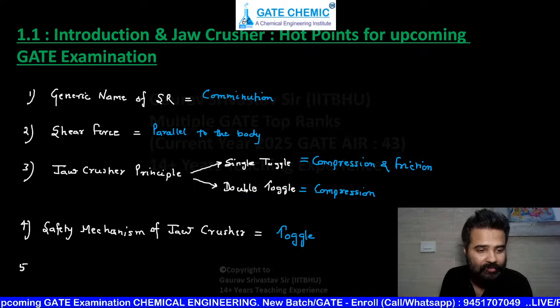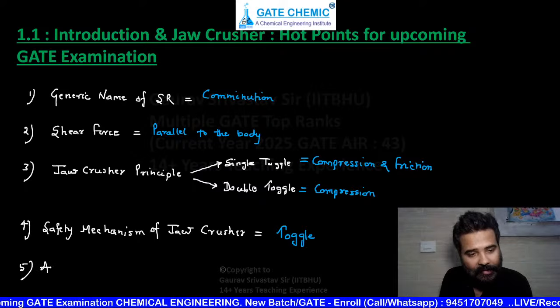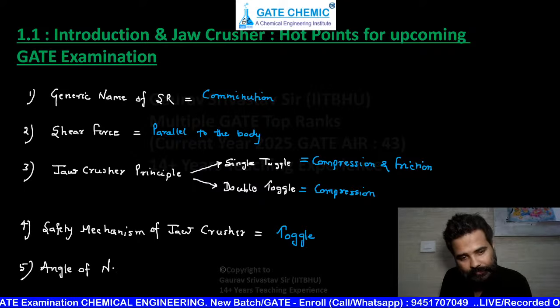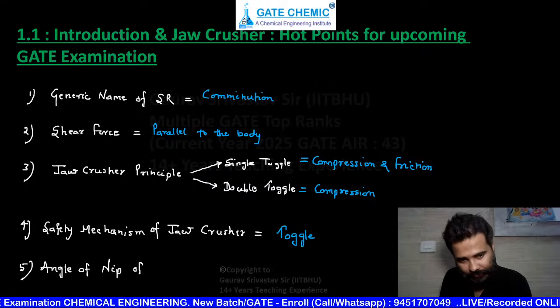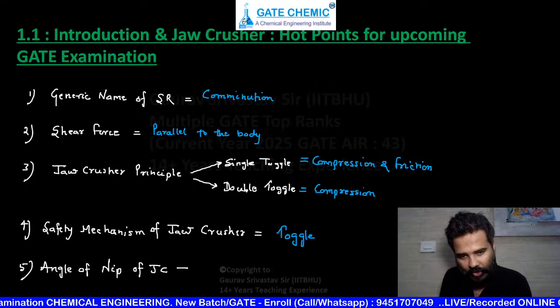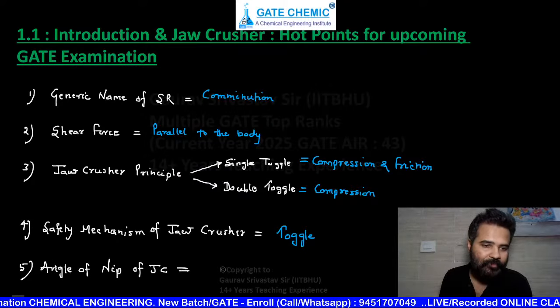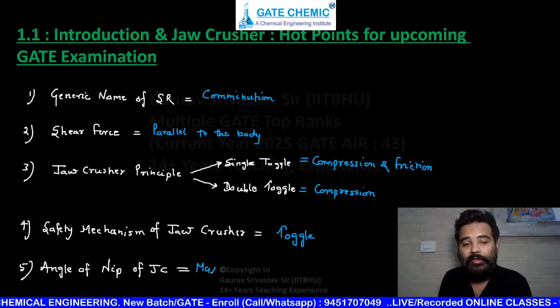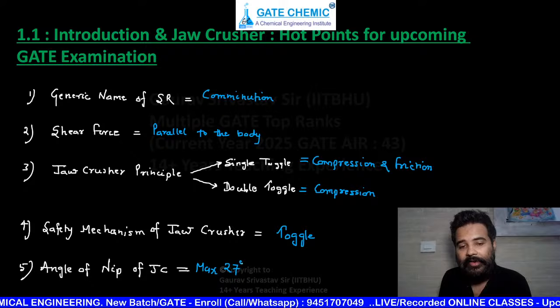Now next one, angle of nip of jaw crusher. Angle of nip max 27 degree.